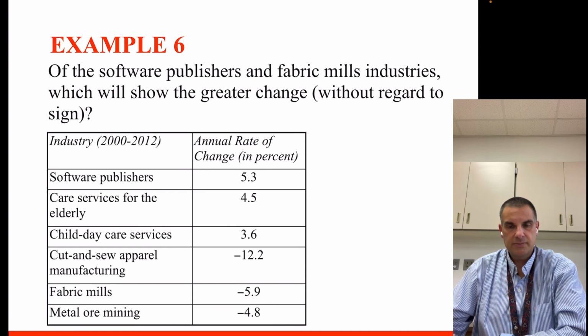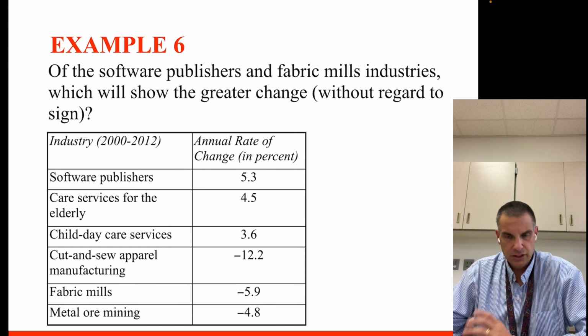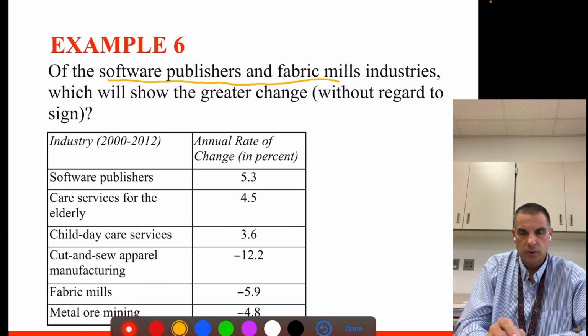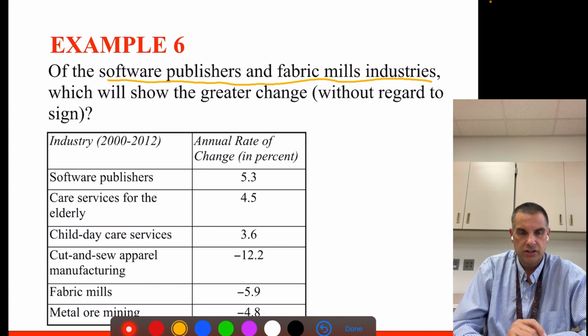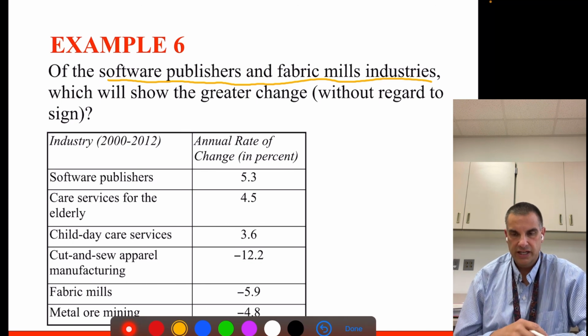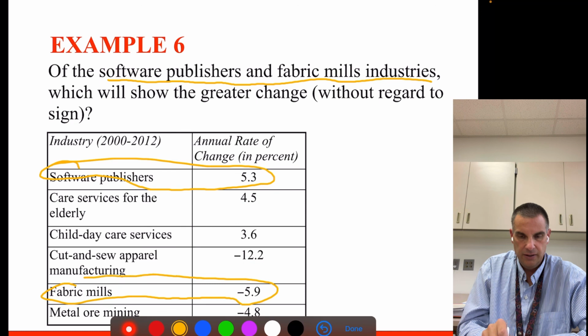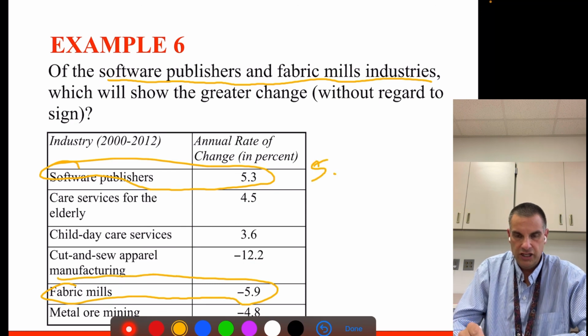You can also use absolute value to do story type problems. So for example, of the software publisher and fabric mill industries, show which one has a greater rate of change, disregarding the sign. So I'm looking at software publishers here and fabric mills here. The rate of change for this one is 5.3.